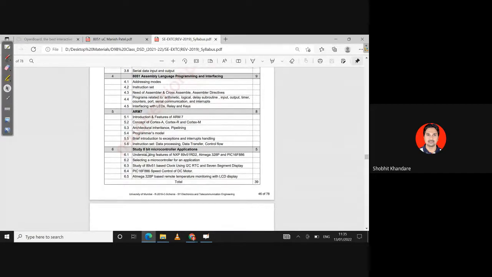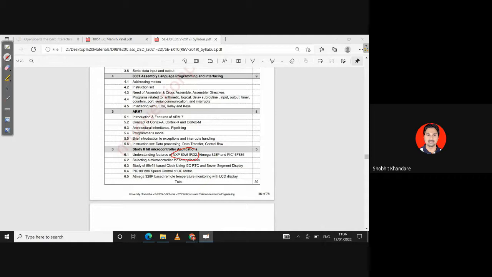The last module is based upon the study of 8-bit microcontroller applications. These things, 1, 2, 3, 4, 5, we can straight away Google search, or we just have to see how the different applications of microcontrollers work. For example, understanding the features of NXP 89V51RD2, Atmega 328P and PIC 16F886.